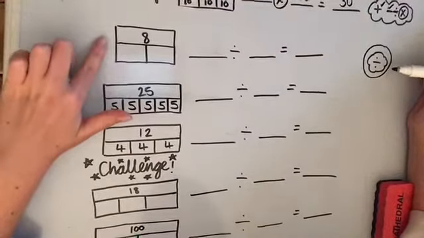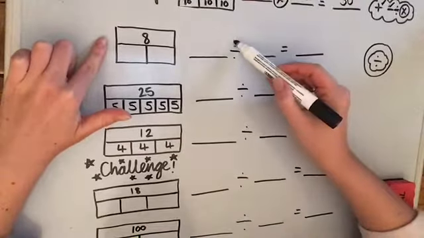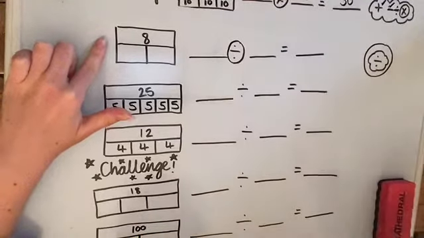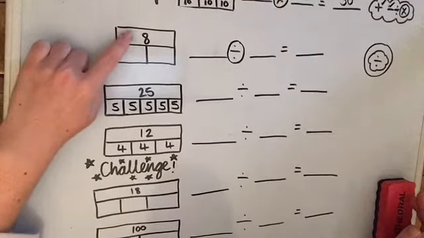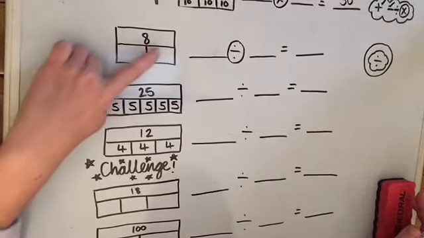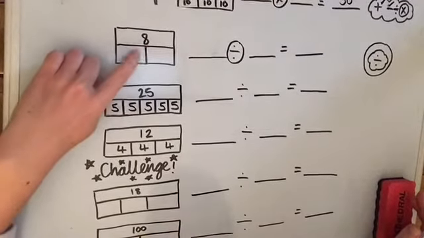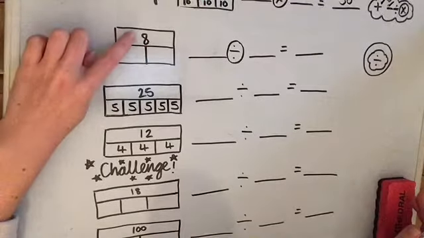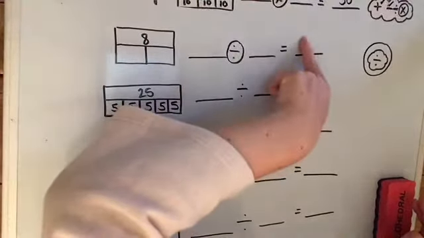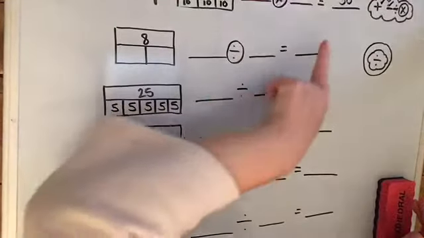So let's look at this bar model. Let's see what division we can work out from this bar model. Now we've got a number at the top, we've got 8, and then we've got 2 groups underneath that we're sharing between. So with multiplication, the largest number was going at the end of the number sentence because the number was getting bigger.